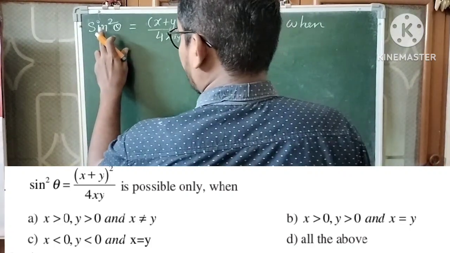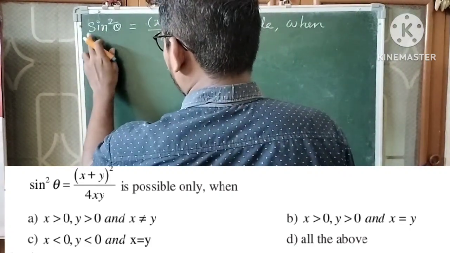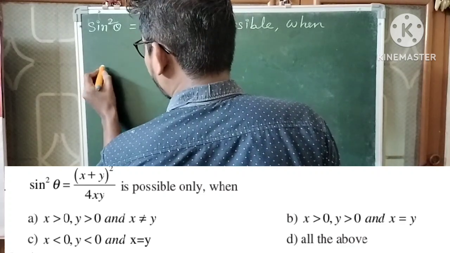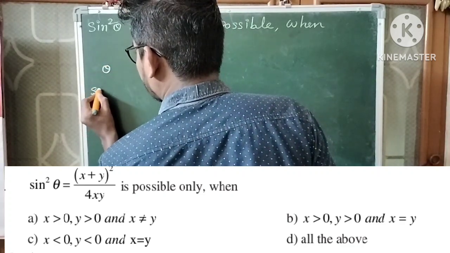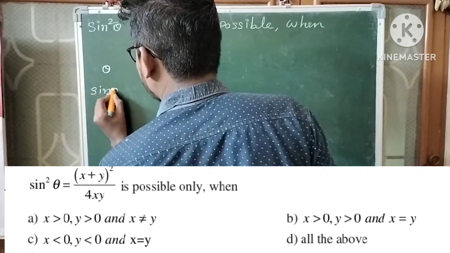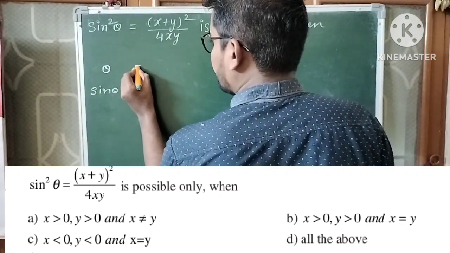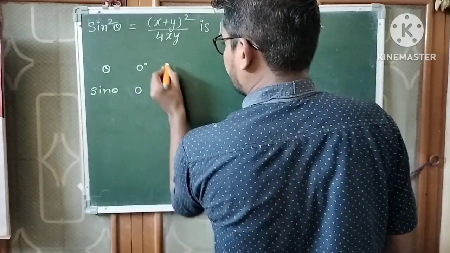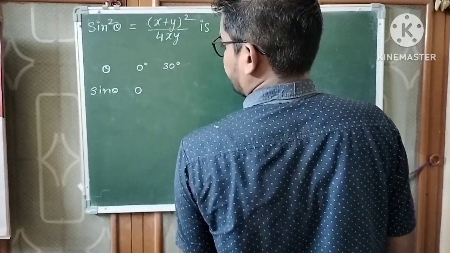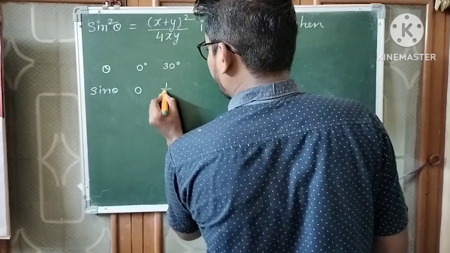So here the trigonometric function is sine theta, and we have to find the trigonometric ratios of sine theta for certain angles. Suppose theta is equal to 0, sine 0 is equal to 0. Suppose theta is 30 degrees, sine 30 is 1 by 2.